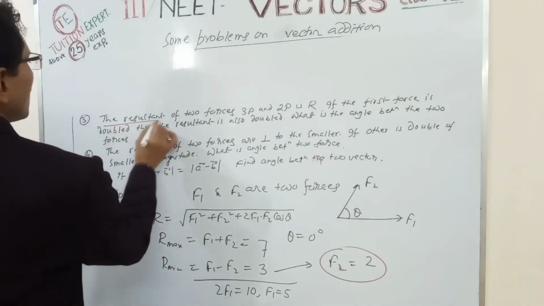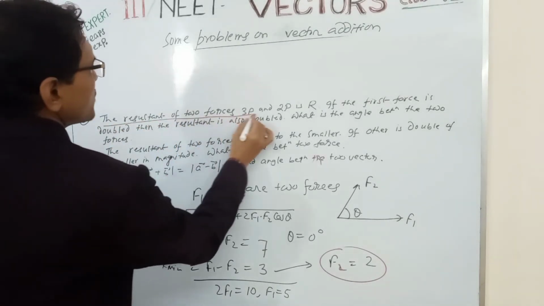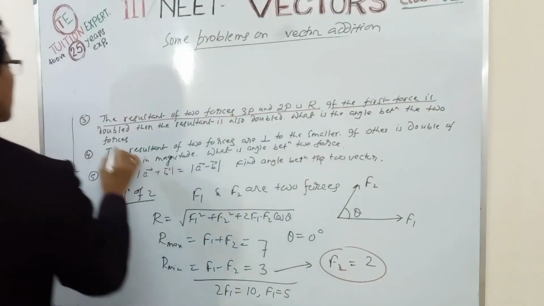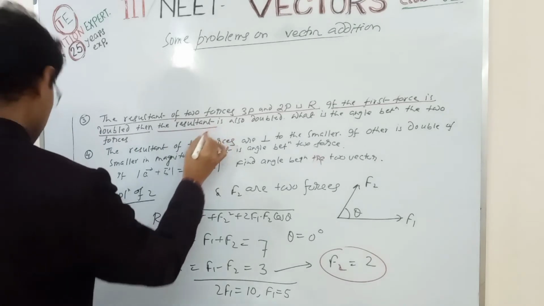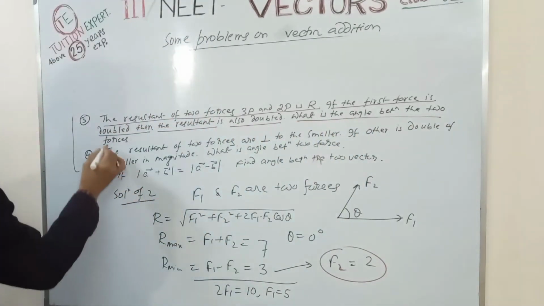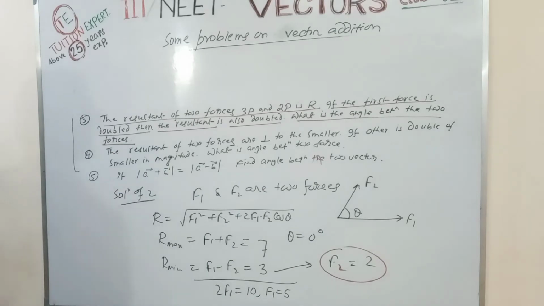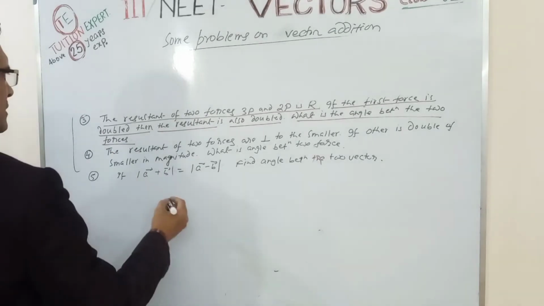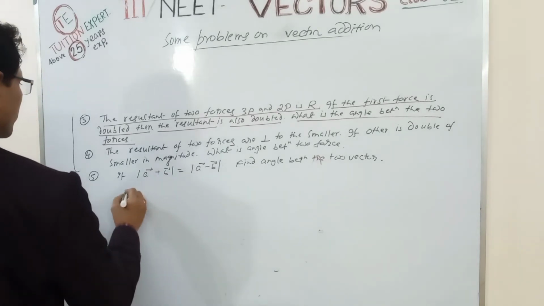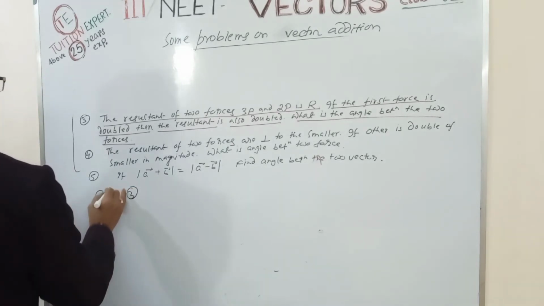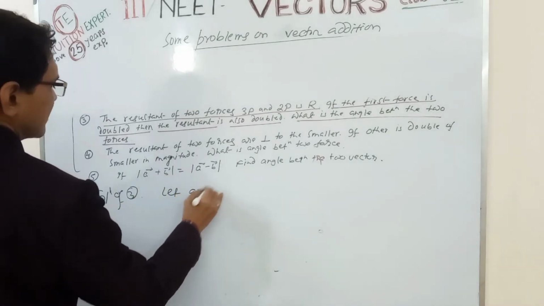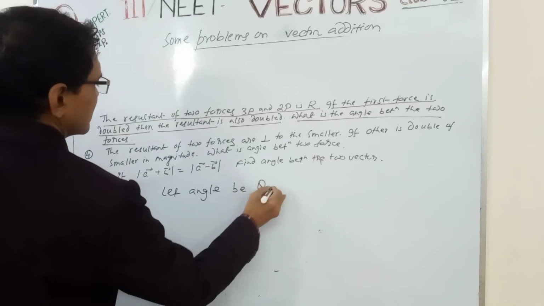The resultant of two forces 3p and 2p is R. If the first force is doubled, then the resultant is also doubled. What is the angle between the two forces? Suppose the angle between the two forces is theta.